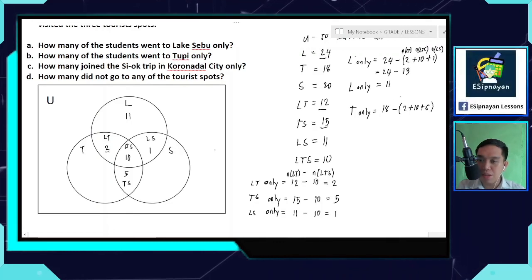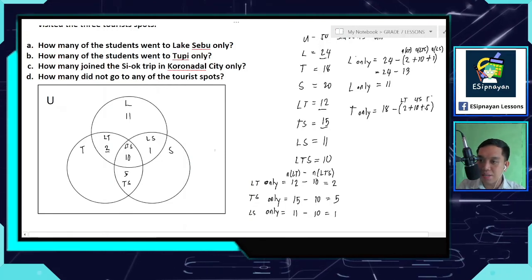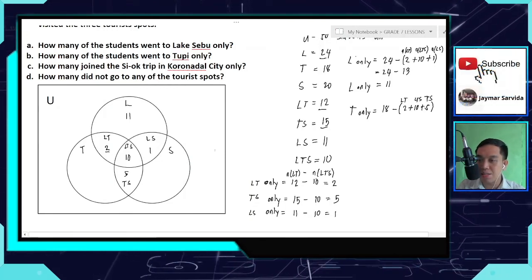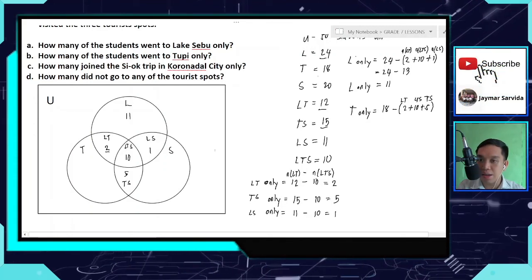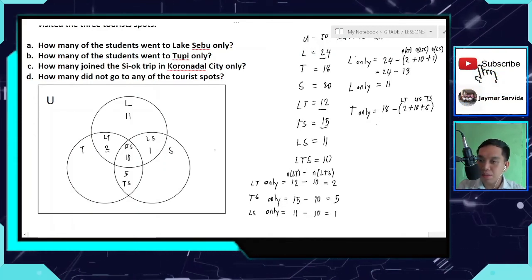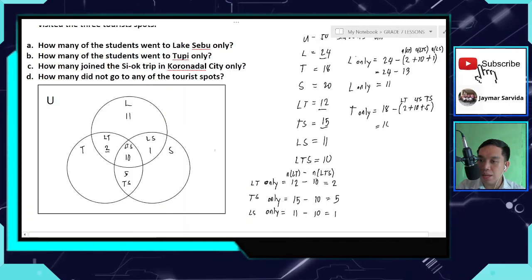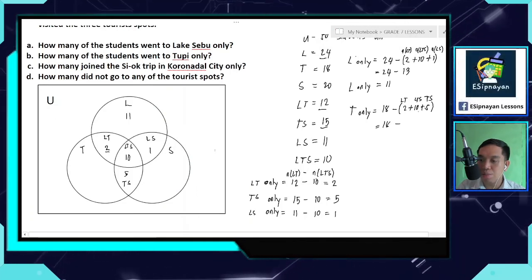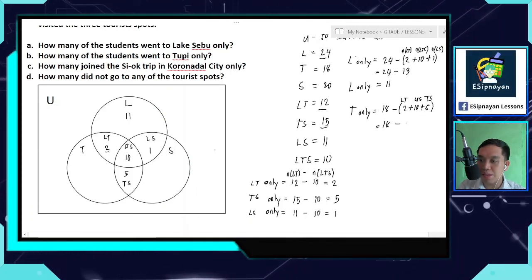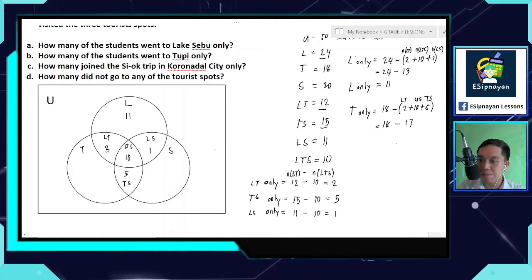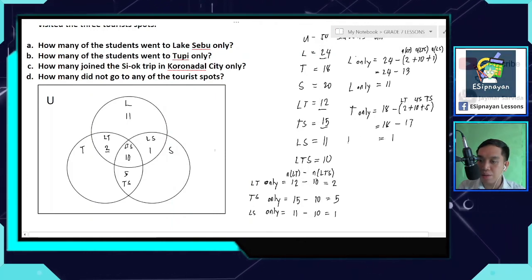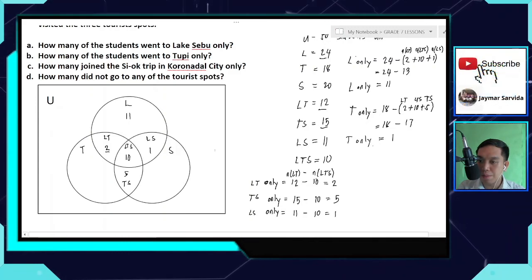Okay, i-add muna natin yung kay LT, si LTS, at si TS. Then, i-minus natin dito kay 18. Okay? So, we have now 18 minus 2 plus 10, 12 plus 5, that is 17. So, 18 minus 17 is 1. Yan yung kay T only. 1. Okay? So, 1 yung kay T only.